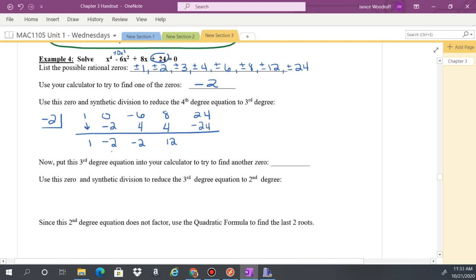So this gives us the function 1x cubed minus 2x squared minus 2x plus 12.